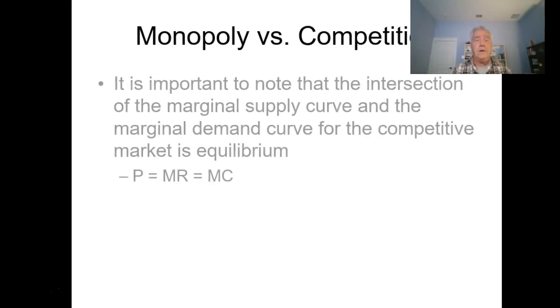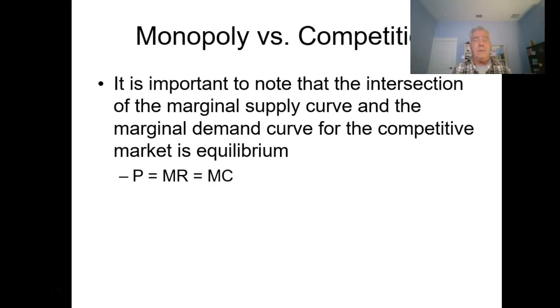So, continuing on. Monopoly versus competition. Please note that on the last graph, the marginal supply curve and the marginal demand curve for a competitive market equal price, which is equal to marginal revenue, which is equal to marginal cost. So for a competitive market, the price they're selling at is a flat line, and marginal revenue must equal marginal cost.